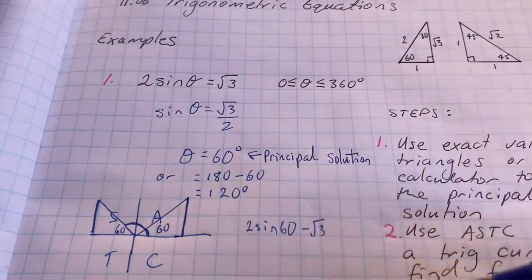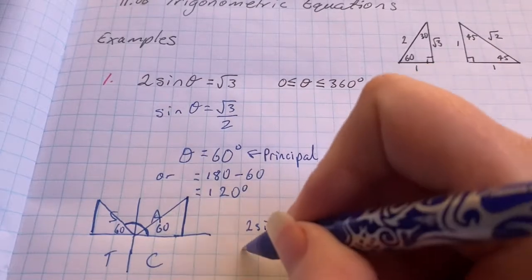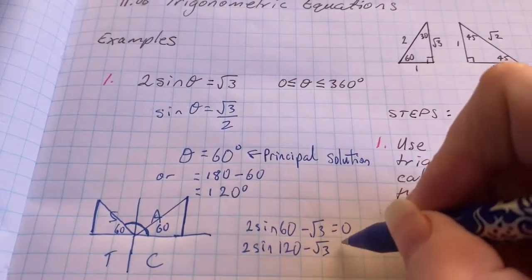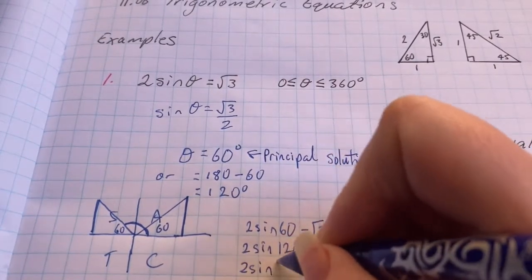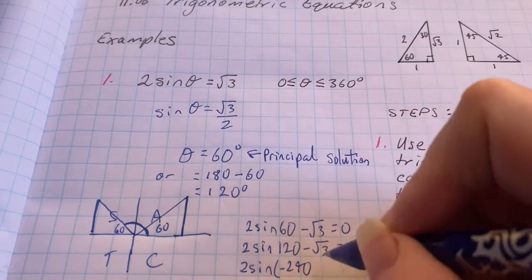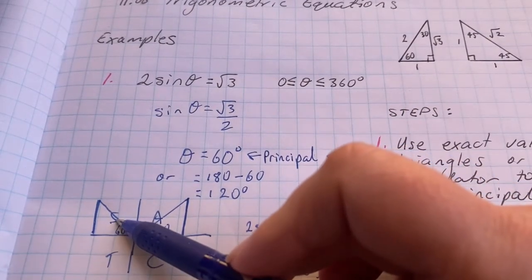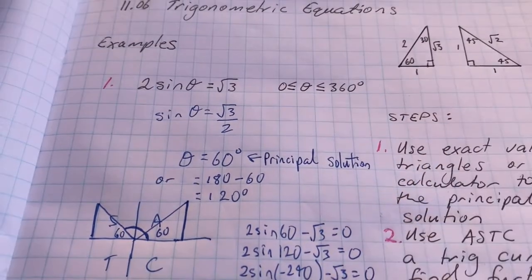So in your calculator, if you go 2 sine 60 minus root 3, just minusing root 3 off each side here, that should equal 0 if you're in degrees. If you go 2 sine 120 minus root 3, you're going to get 0 again. If you went 2 sine negative 240, so that's the negative 180 and another 60, minus root 3, that's going to give you 0 too.